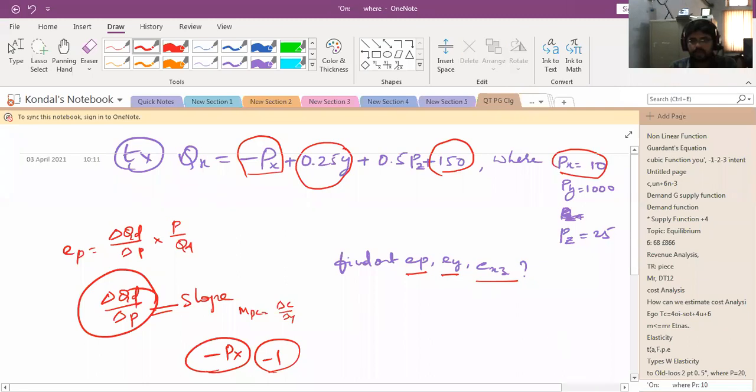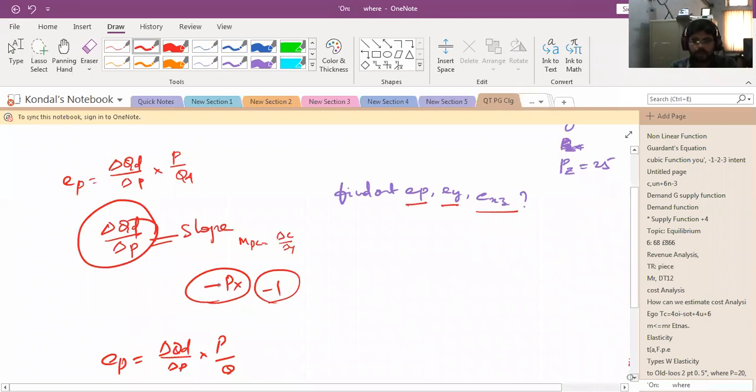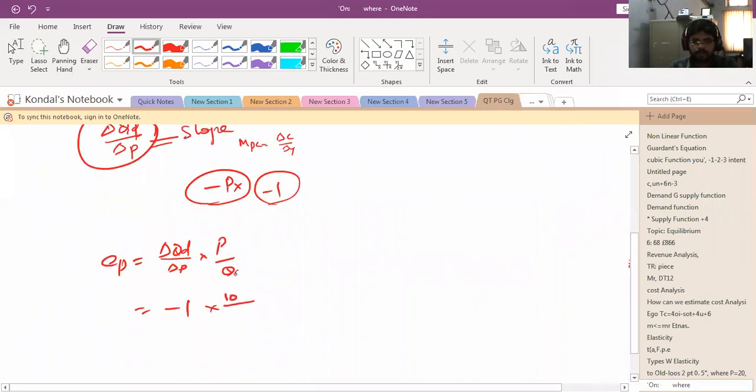So we take 10. But what is the QD here? We don't know the QD, so we need to find out the QD also.